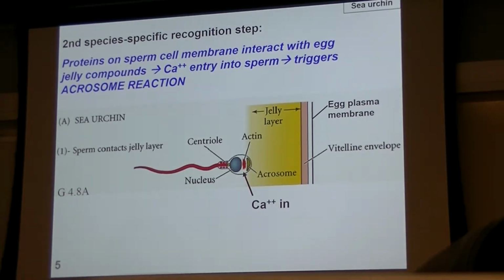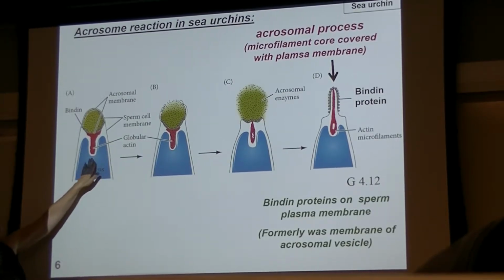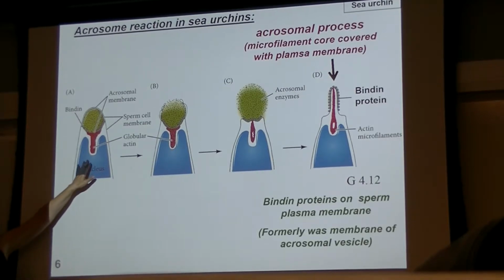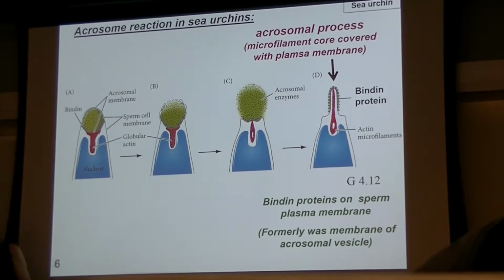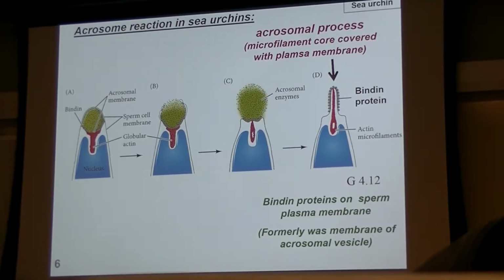Let me show you the next slide, because that is a picture of this event. Okay, so initially here we have the sperm, that condensed nucleus with the DNA, this blob of actin monomers, and then a membrane-bound sac shown here in green.